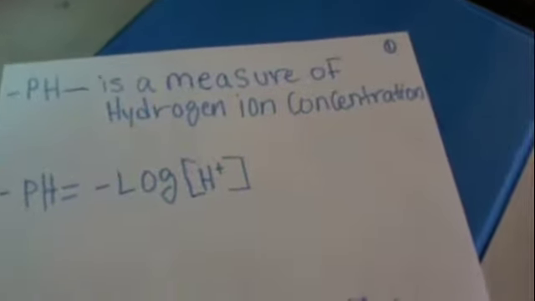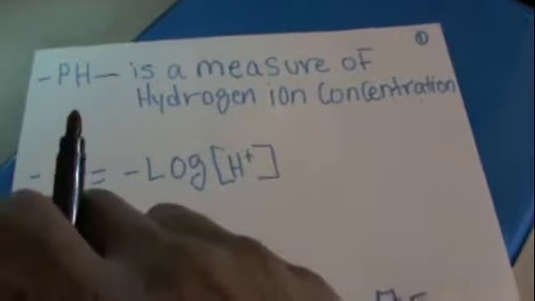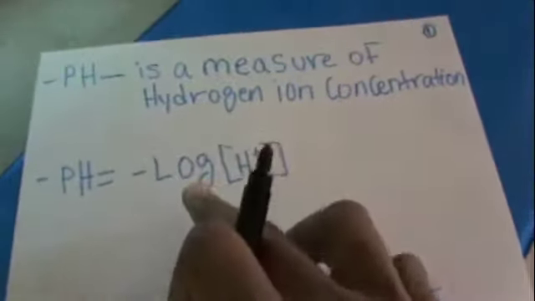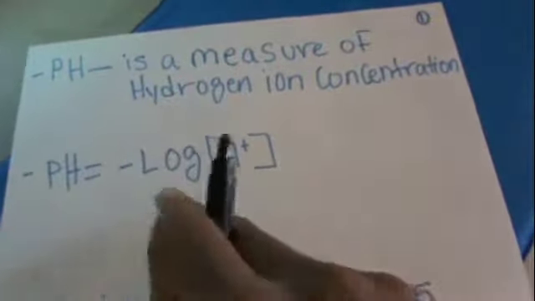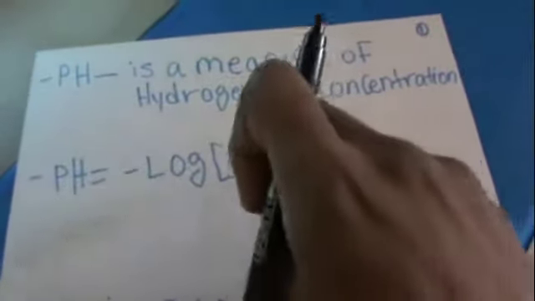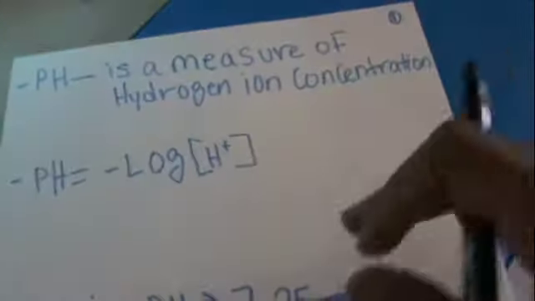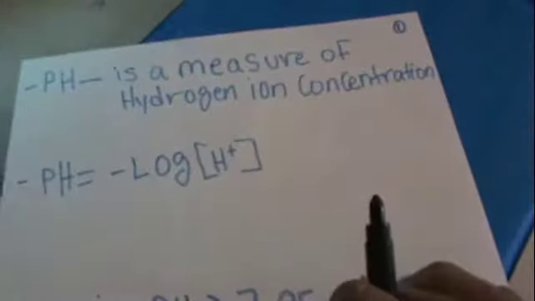So in chemistry, if they give you the pH number, you just take your calculator, hit negative log, and put the number of the pH in, and use your parentheses. It will give you the number, and it is easy that way.